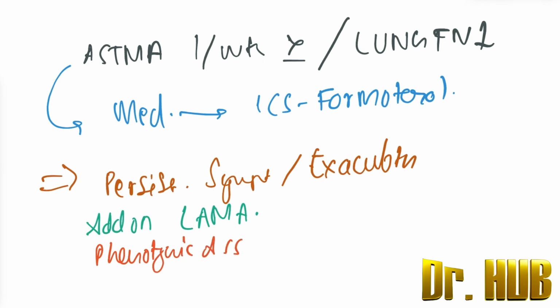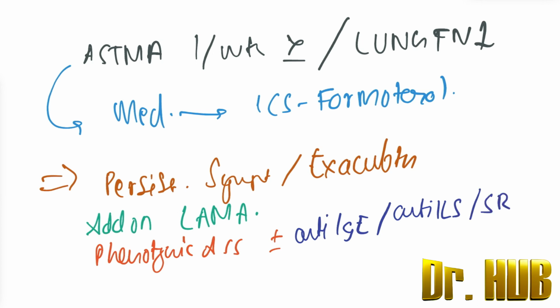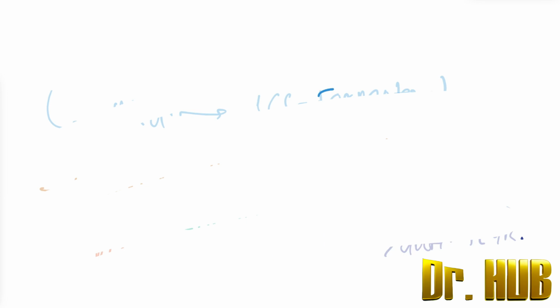Then there is anti-IgE, anti-IL-5, 5R, as well as anti-IL-4R. Another thing to do is consider the high dose ICS LABA.